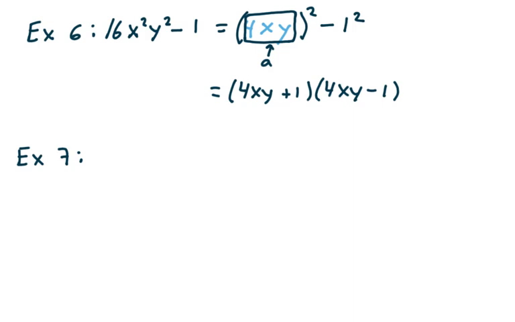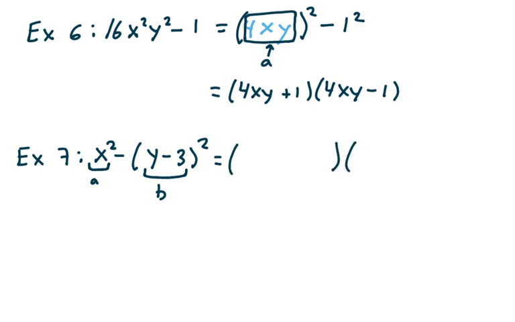Let's take a look at example 7. Suppose I had x squared minus y minus 3 squared. So my x is a, my y minus 3 is b. So when I do this, okay, I'm going to take a and b and add them.